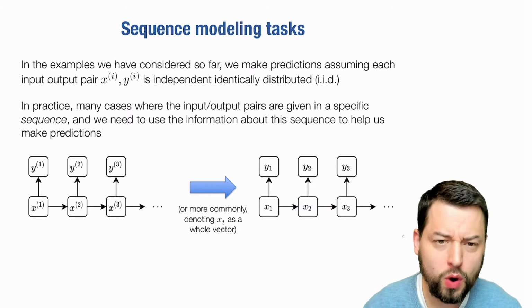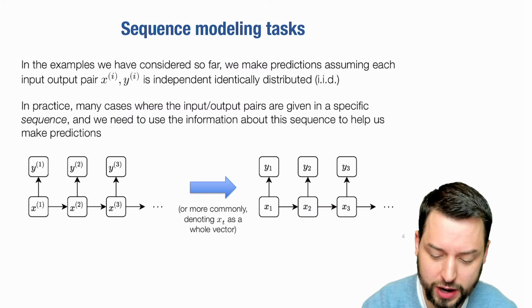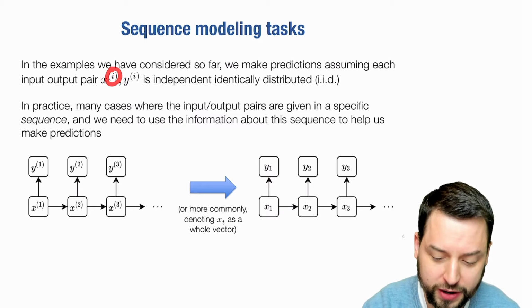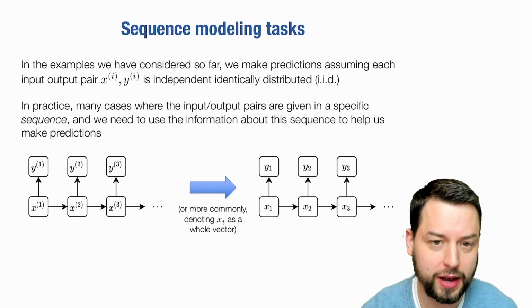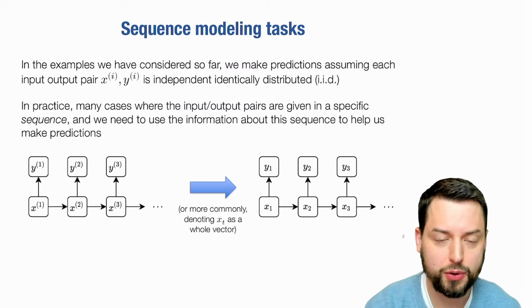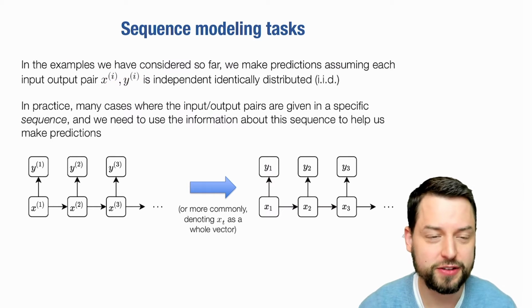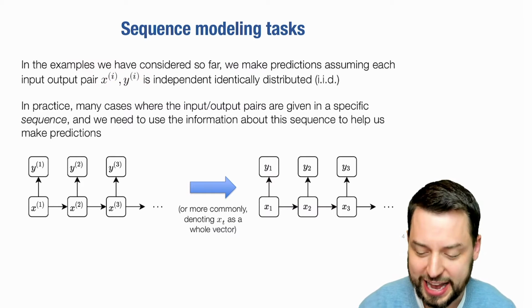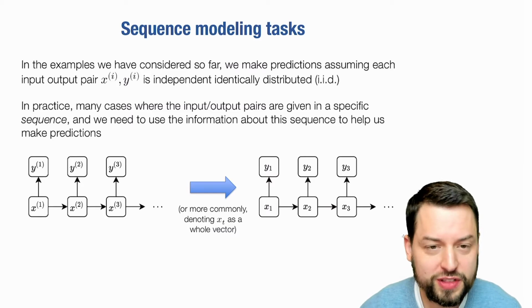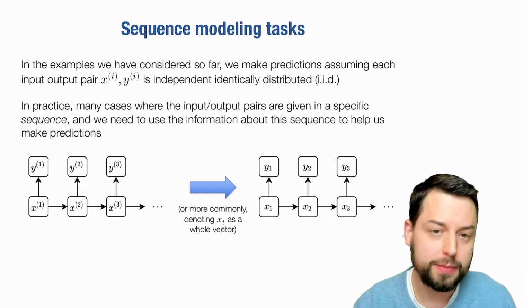Now, one other change we'll make for the rest of this lecture is that, for the most part, we've used superscripts here, x superscript i in little parentheses, to differentiate from exponentiation. We've been using that notation to denote the ith example in our data set.